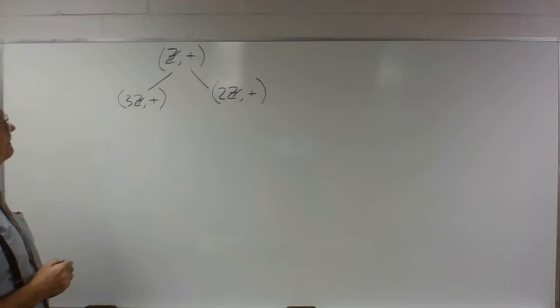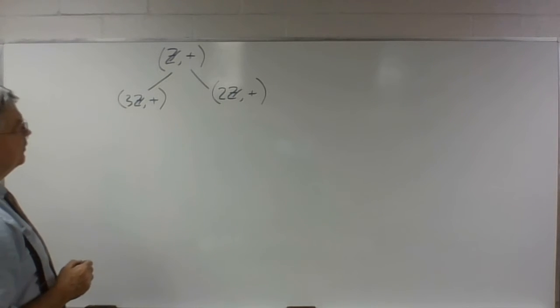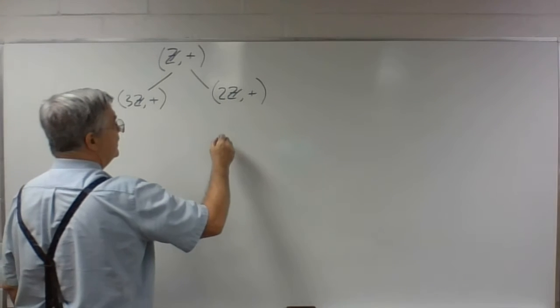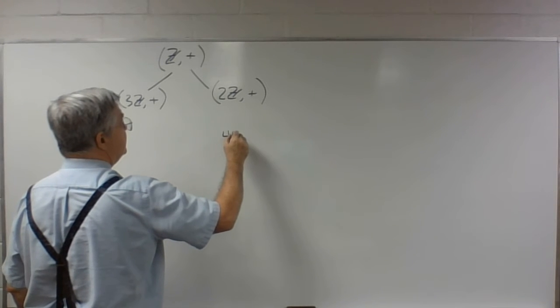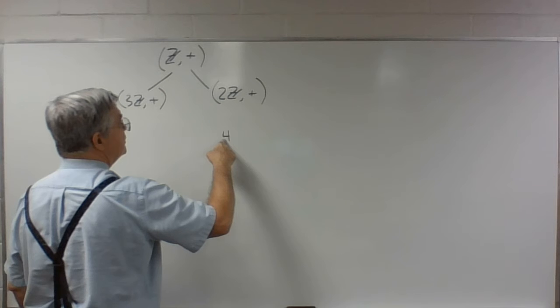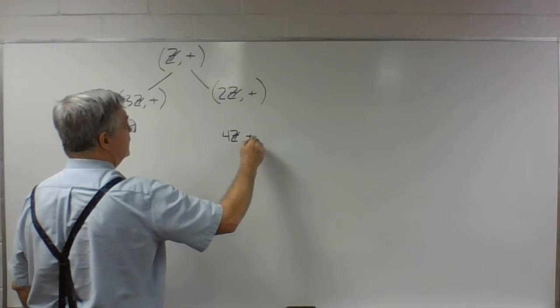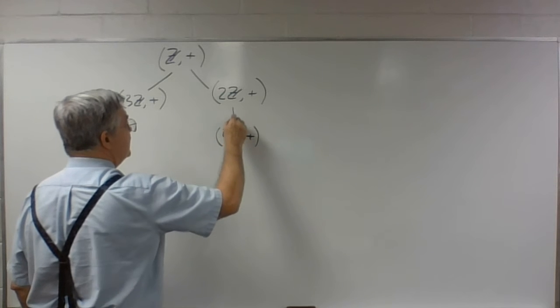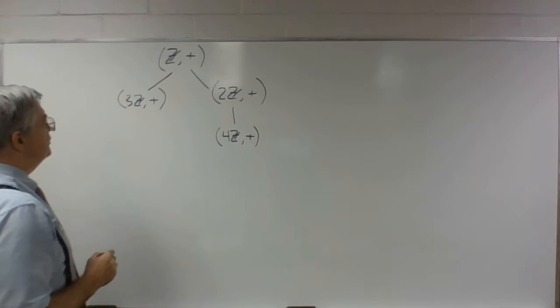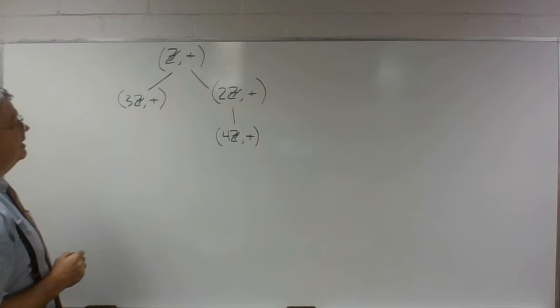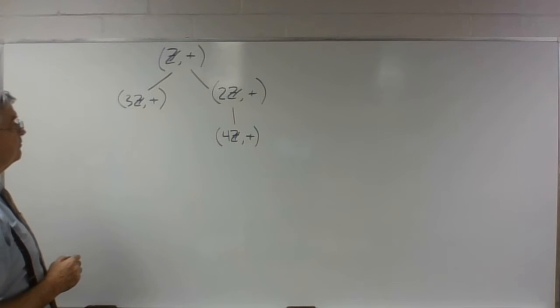Now, 4Z is a subgroup of 2Z. Every multiple of 4 is also a multiple of 2. And I don't think there's any subgroup in between them. As a matter of fact, I'm sure that there aren't.